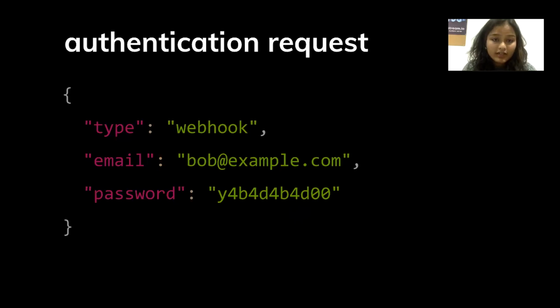We'll have a quick look at it after this slide as well. So for instance, if you're using a webhook auth, you would say type webhook, and whatever parameters your HTTP authentication server is expecting. Here we'll assume that it is expecting an email and a password. We give it those, and the authentication should be successful if the parameters are true.